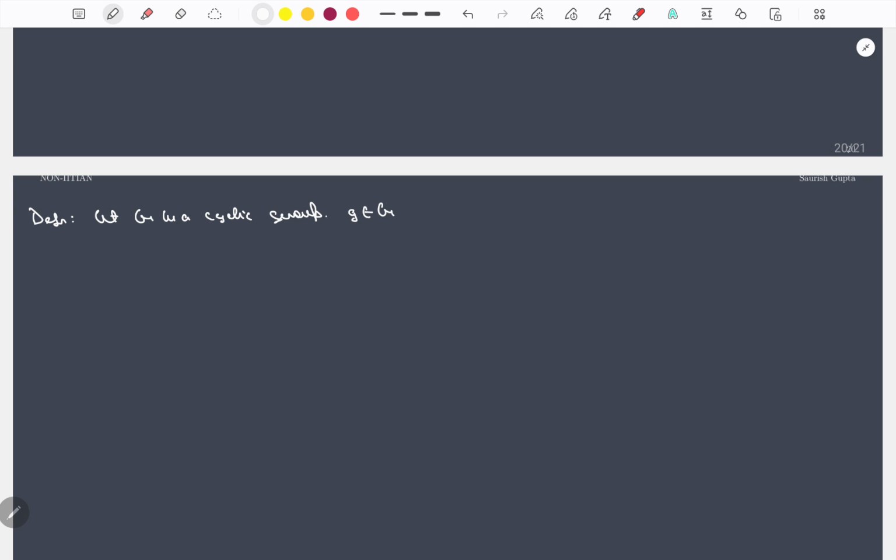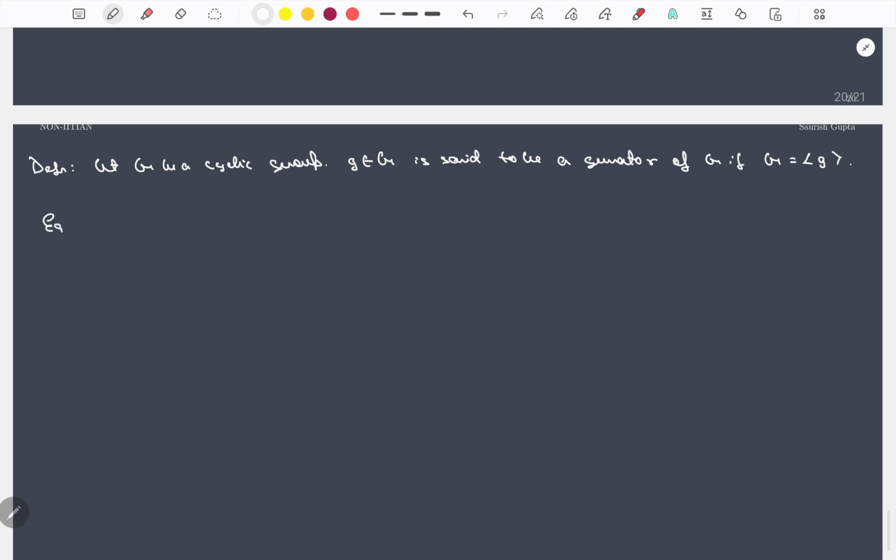An element a in G is said to be a generator, or in some books you will also find the term primitive element, a generator of G if I can write G as generated by a. That's it. Now the question is whether a cyclic group will have a unique generator or not. For that, observe the following example.